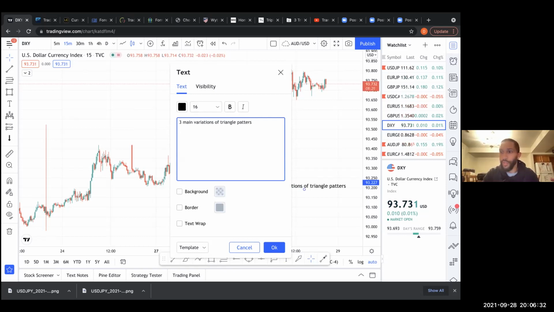One is the symmetrical triangle. You got descending and ascending triangles. So those are the three main patterns that I've been looking at, Vaughn.